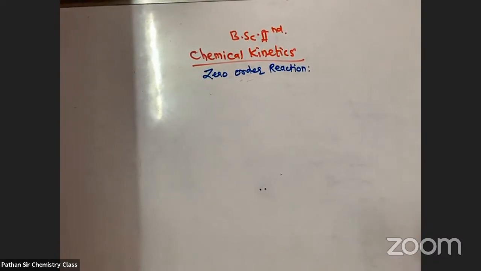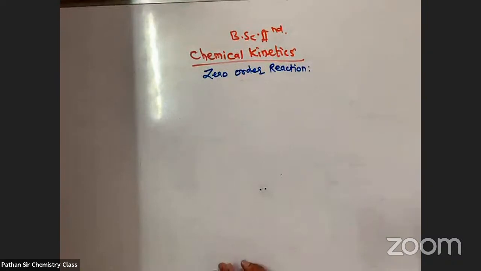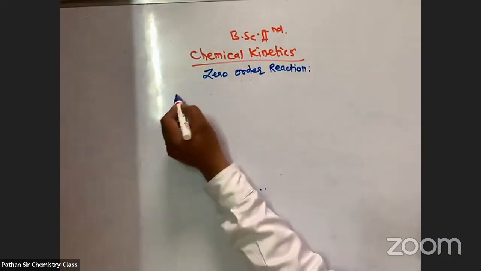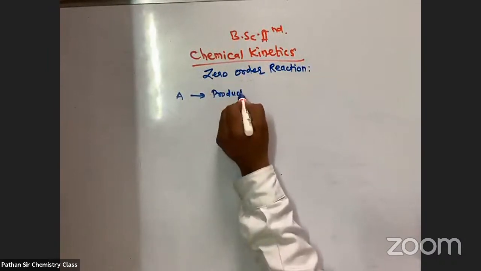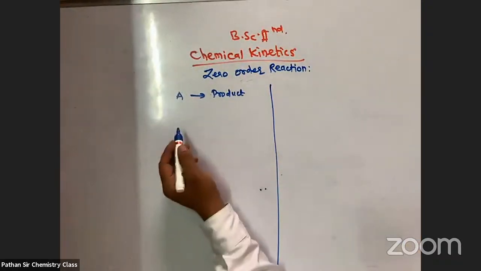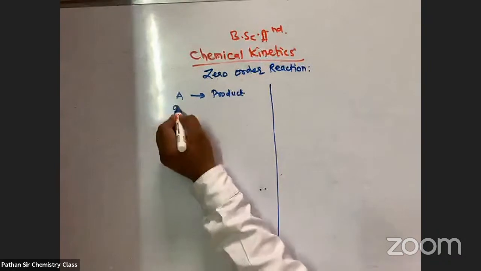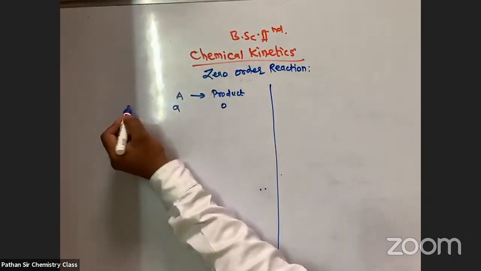As per the name, zero order reaction, the rate does not depend upon the concentration of any reactant. The rate is independent of the concentration of the reactant. Therefore, let us consider a reaction, say A gives product. Now the initial concentration of A is small a, that of product is 0.